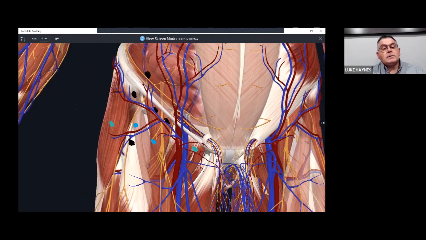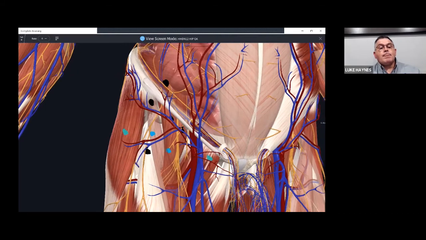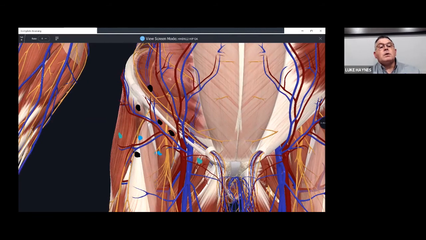Our primary locations, again, are going to be psoas, which we've touched on, needling psoas and iliacus. Psoas will be 1 to 2 finger breadths lateral from the femoral artery, distal to the inguinal ligament. We can go further, another finger breadth, and needle into iliacus, or we can needle iliacus just superior to the inguinal ligament.